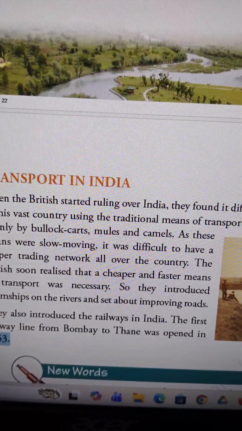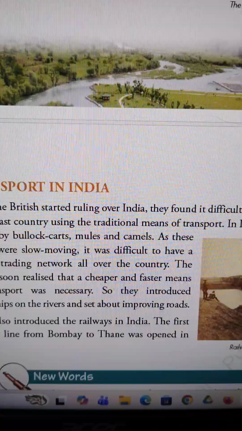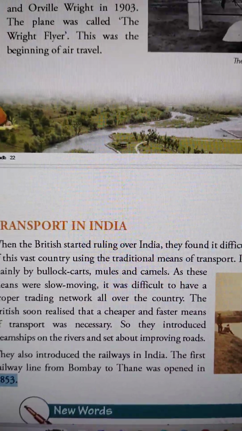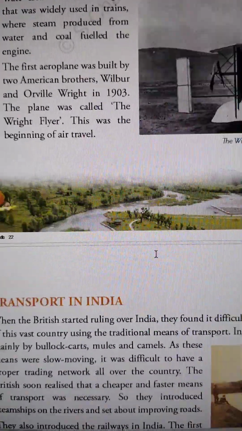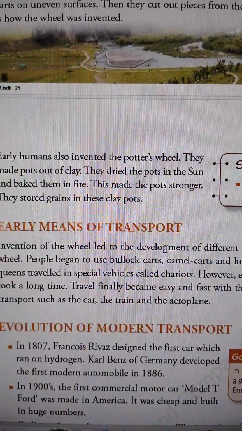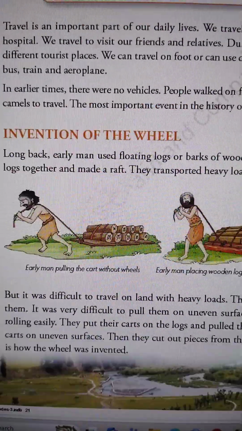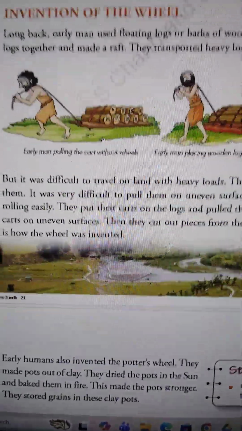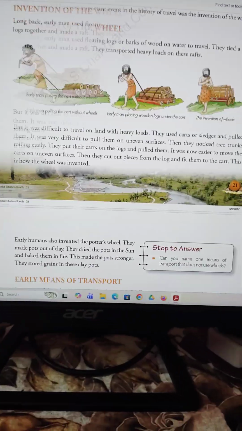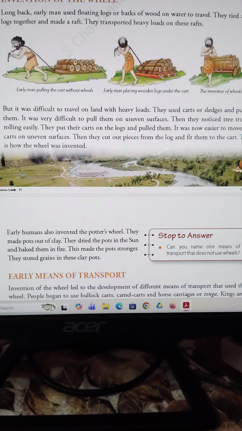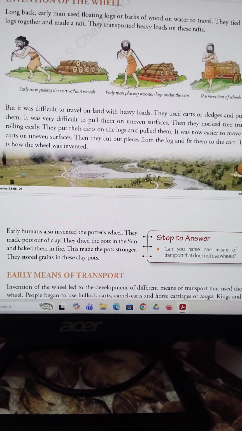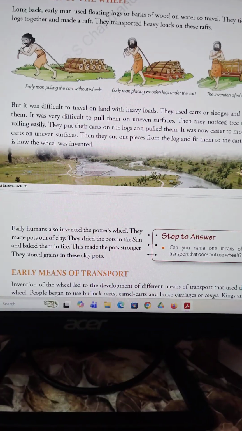So my dear children, you know that this is very important transportation, you can read every part of this chapter thoroughly, and you can ask any question from this chapter, and you can see all those lines very properly.